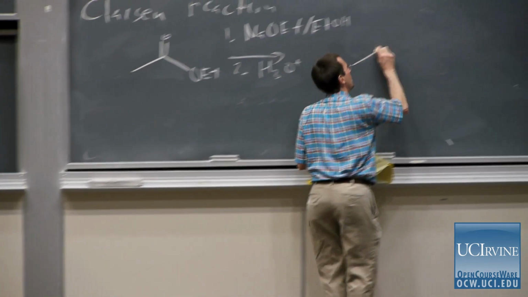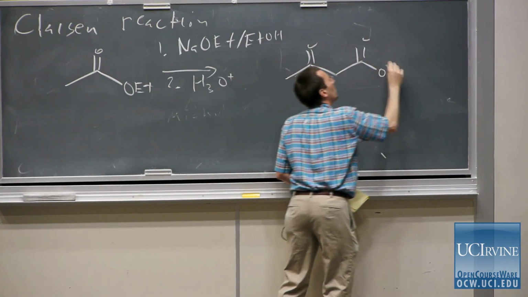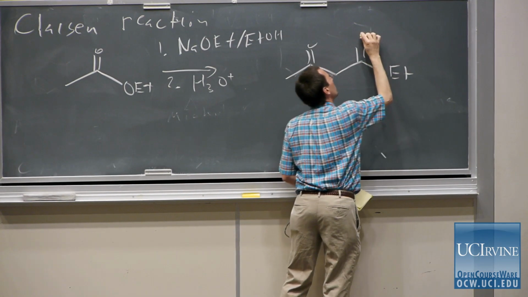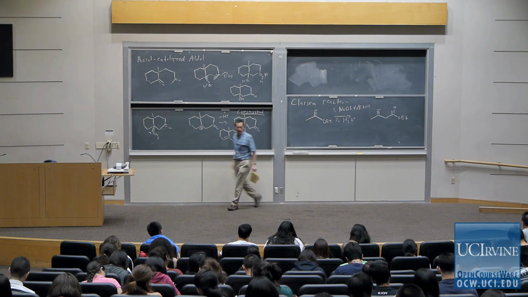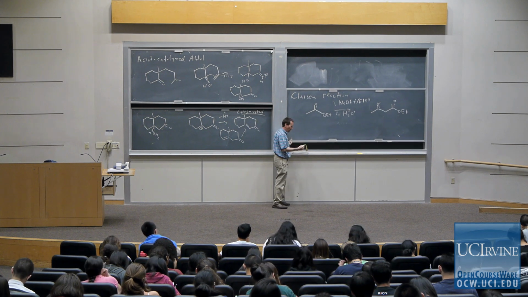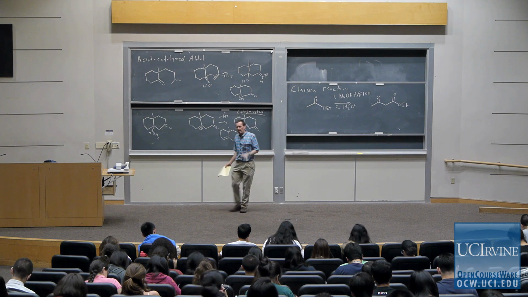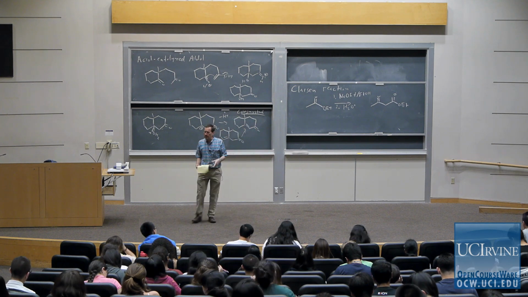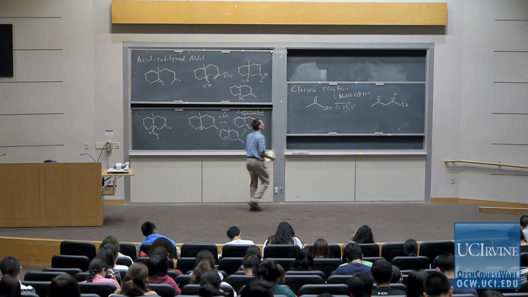You're just throwing it in before shaking things in a separatory funnel. You get ethyl acetoacetate, ethyl 3-oxo-butanoate. Okay. So this reaction involves more carbonyl chemistry of the precise sort that we've seen before.